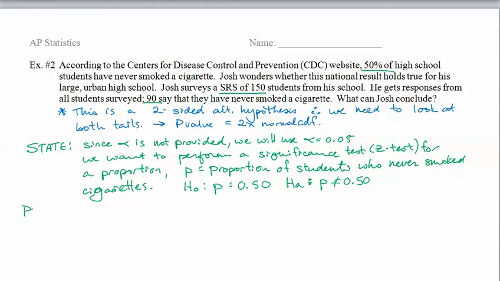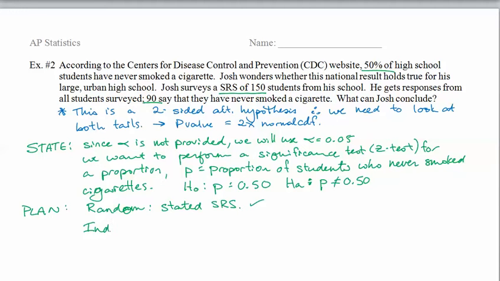Our plan. We need to test our 3 conditions. So RIN. First is random, and from our information it has been stated that this is an SRS, so that condition is satisfied.